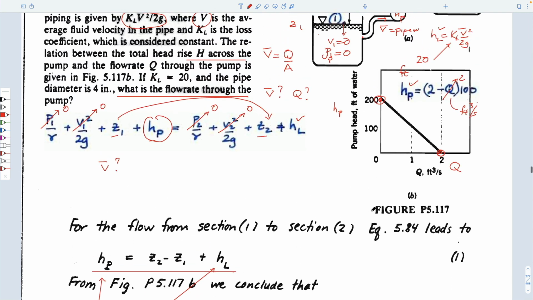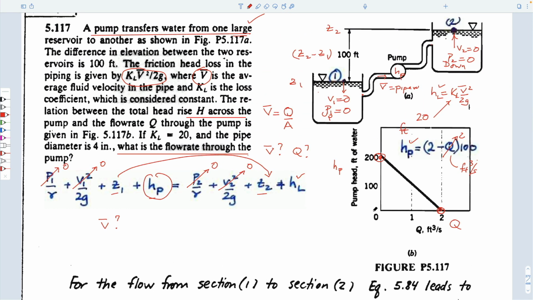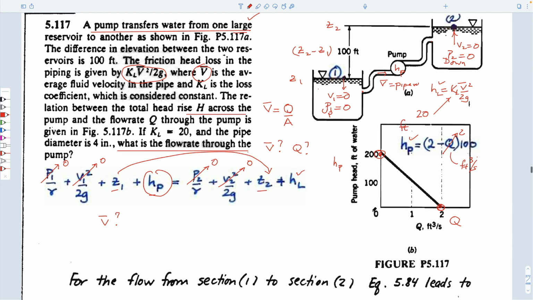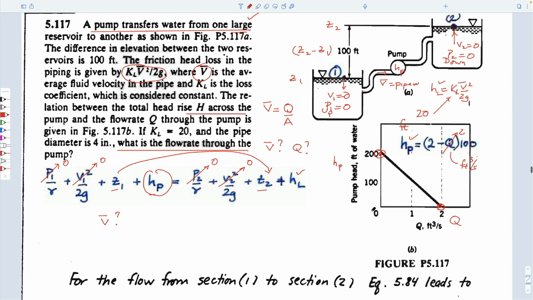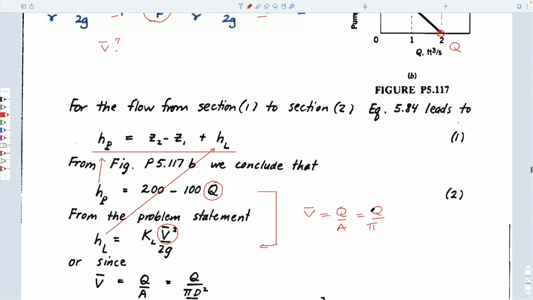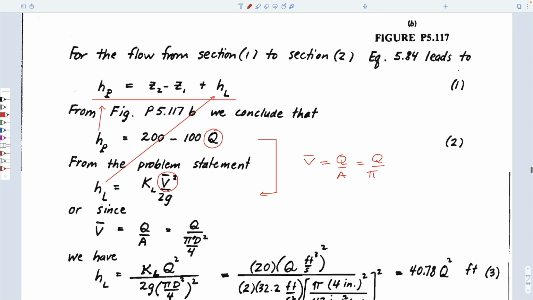So uppercase D, we've got the diameter of the pipe. Must have the diameter of the pipe somewhere. It's here. Pi D squared upon 4 allows us to either write this equation in terms of Q or write this equation in terms of V.